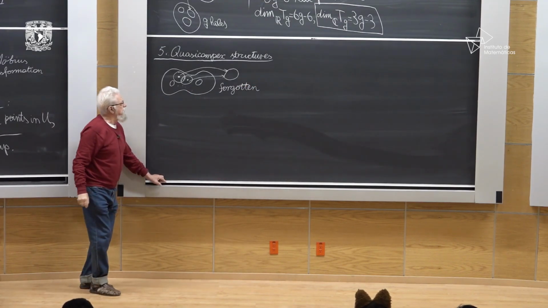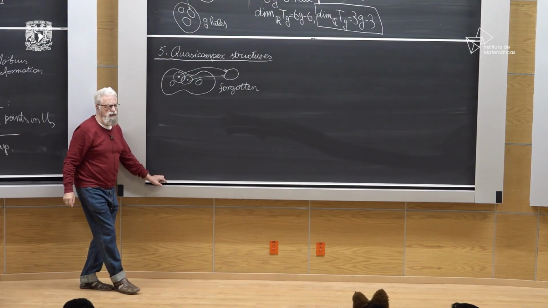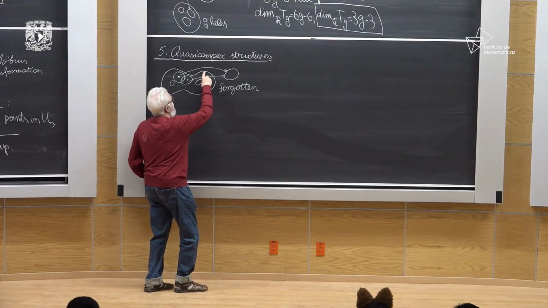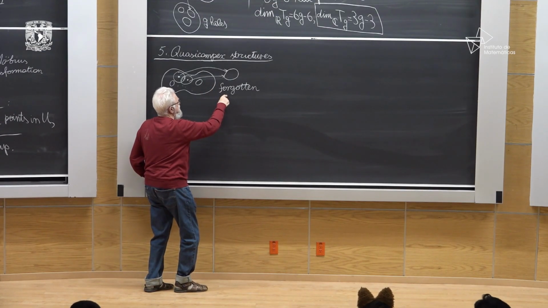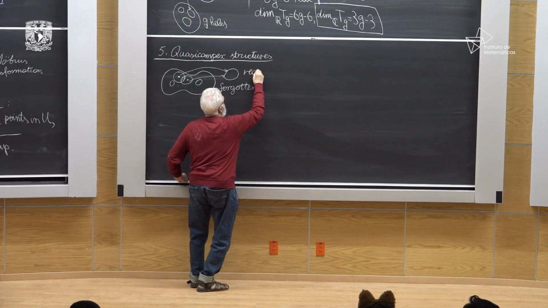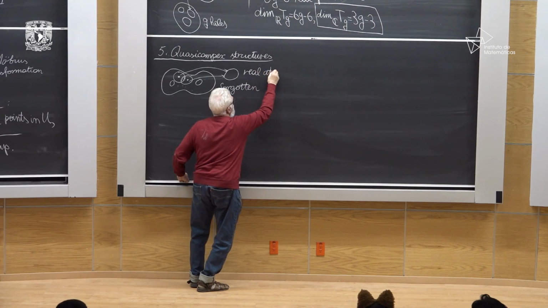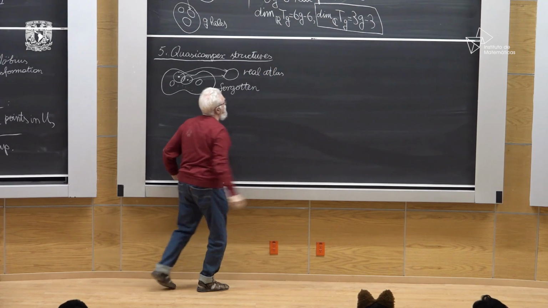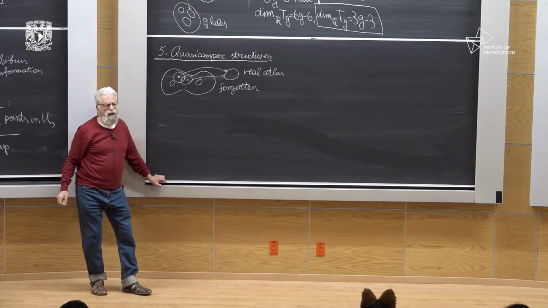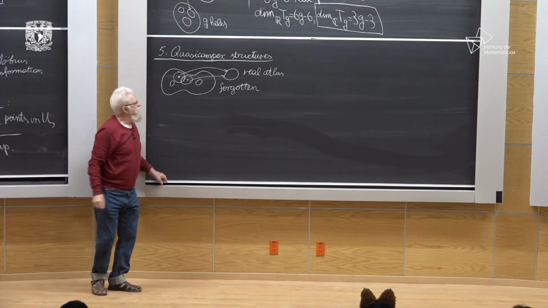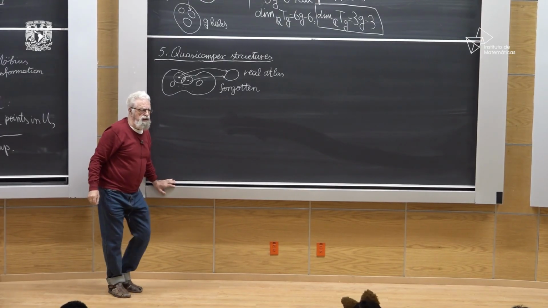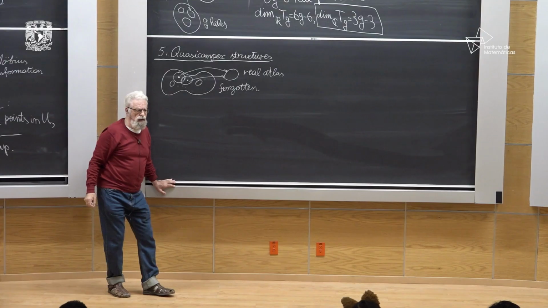What is recalled is now you have forgotten the complex atlas, but you have a real atlas. Your transition functions are no more holomorphic, but they are only real diffeomorphisms. You have a real manifold now. And what is remembered is the following.